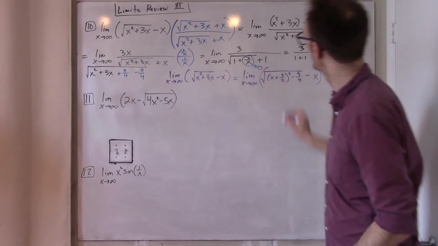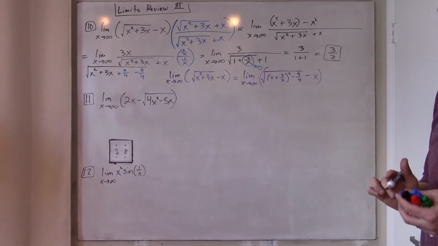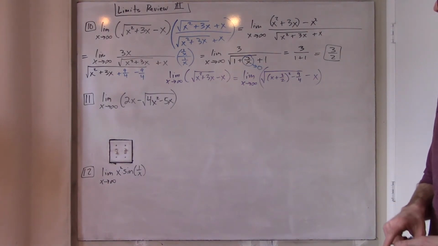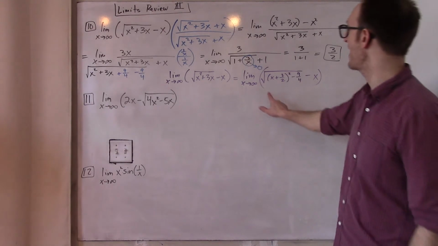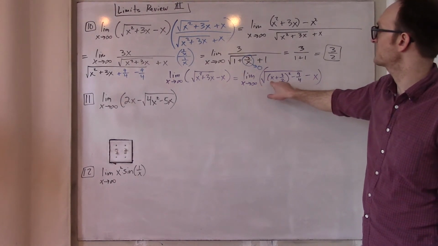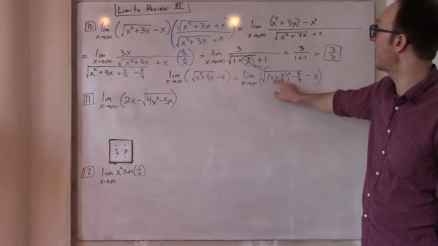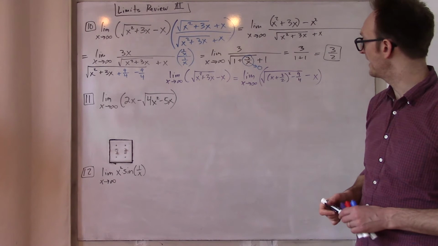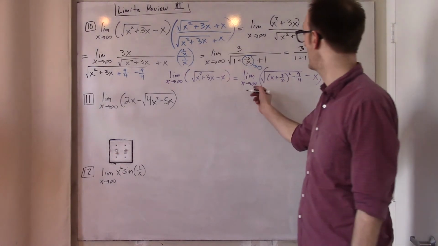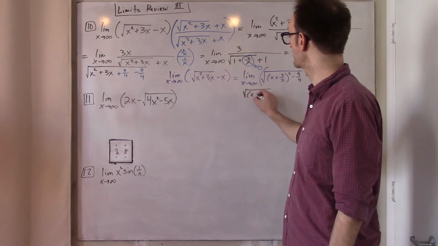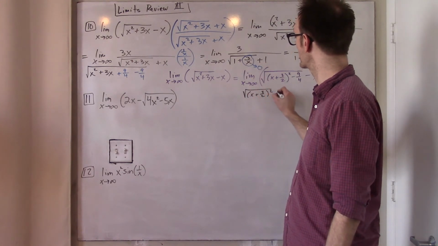Now for very, very large values of x, x plus 3/2 squared is going to dominate over this minus 9/4 to such an extent that this might as well become the square root of x plus 3/2 squared minus x.